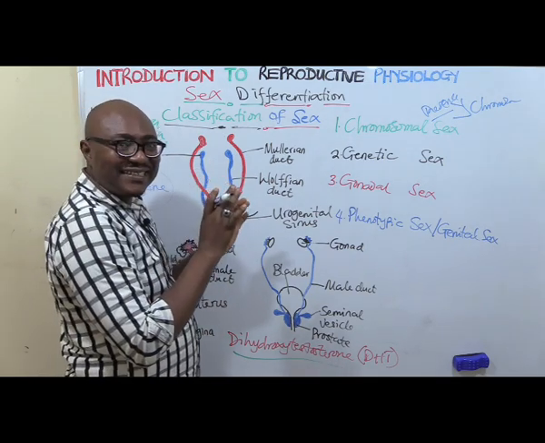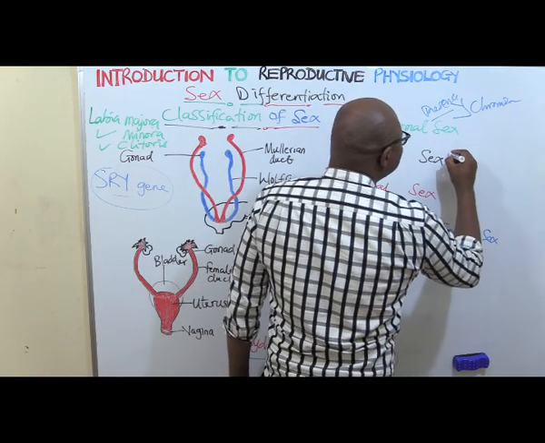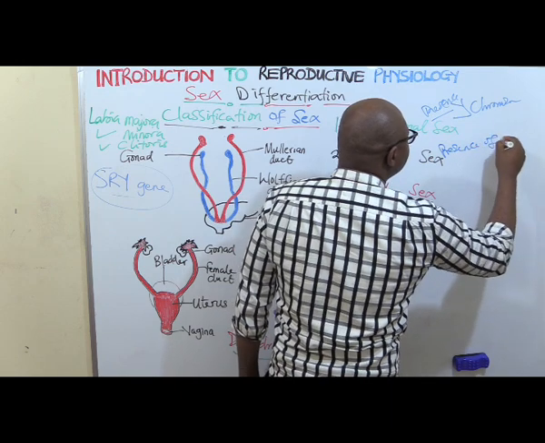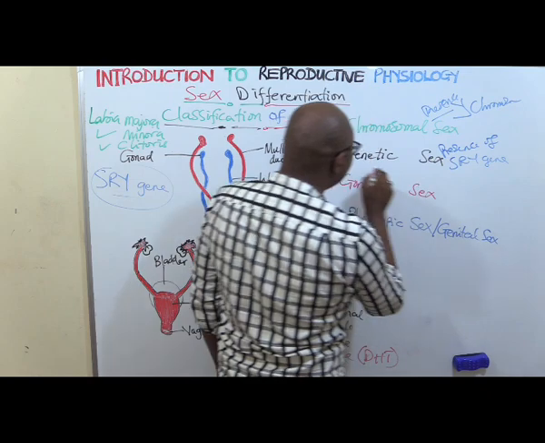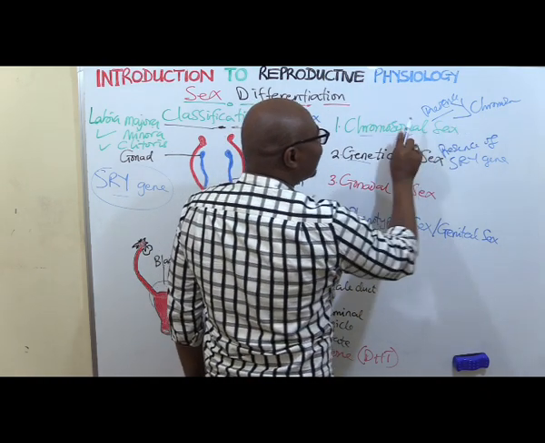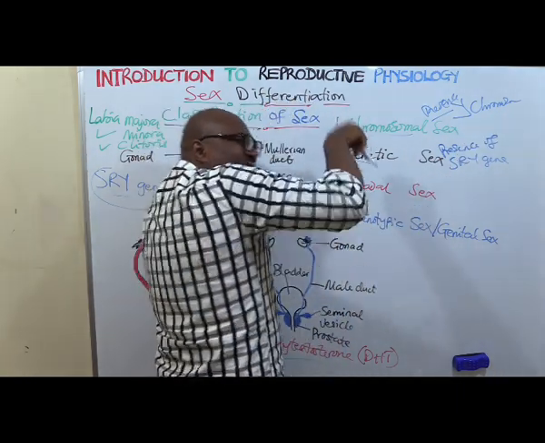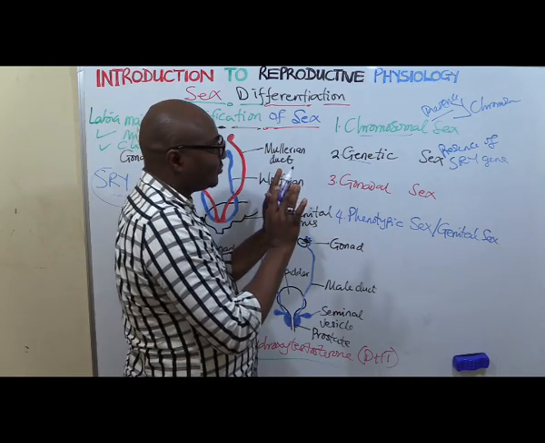Do you understand that? This is actually based on the presence of the SRY gene. Look at it, gene, genetic, use it to understand it. Chromosomal sex is the presence of the Y chromosome, and genetic sex is the presence of the SRY gene in the Y chromosome.